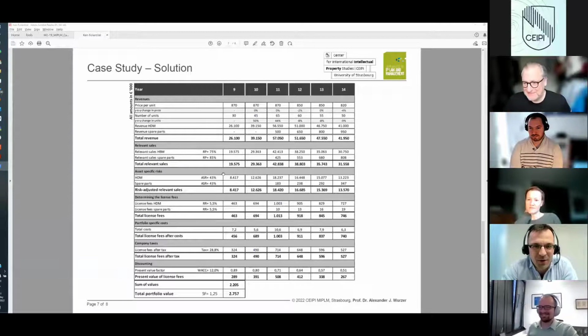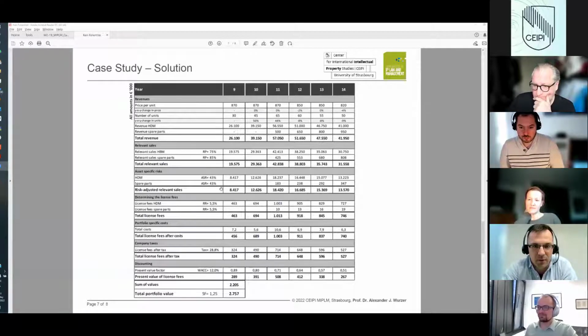So we continue from there. After we get this number of 8,400,000, we need to apply the actual license rate, or royalty rates, which are divided for both the product itself and the spare parts. This is the factoring in of the percentage.